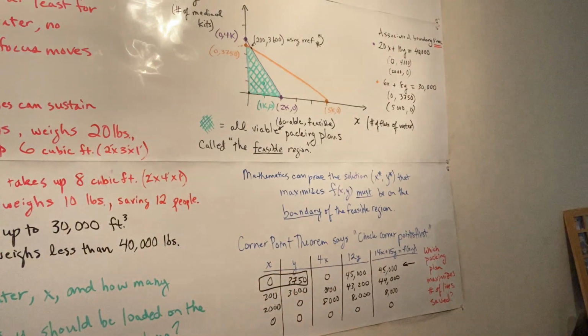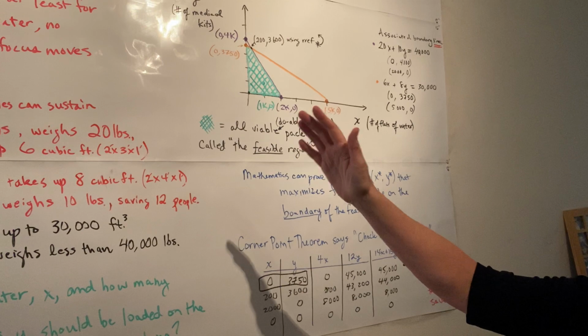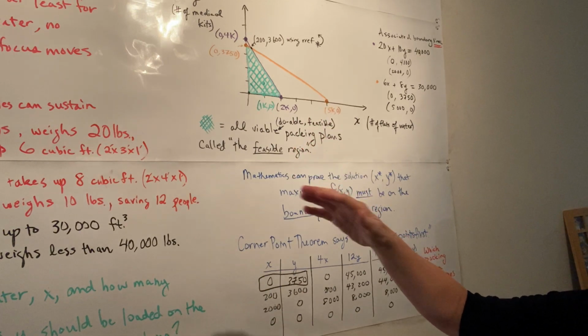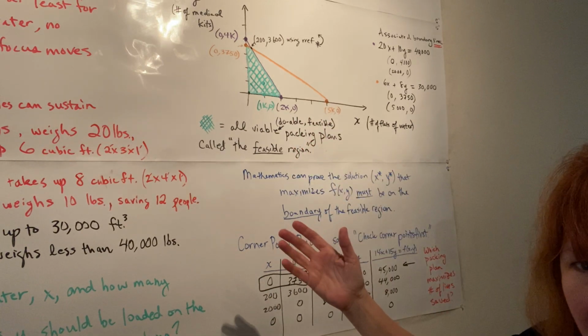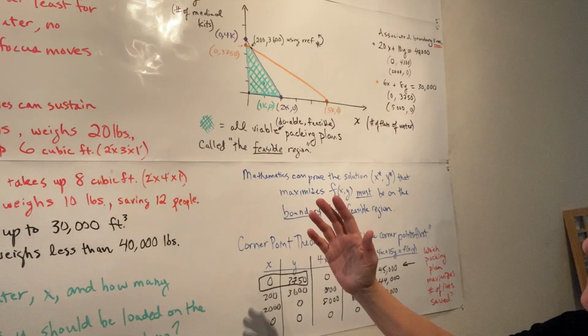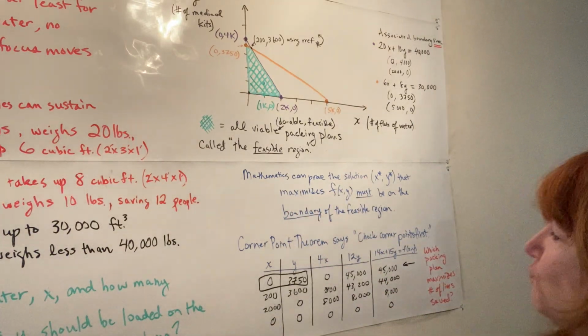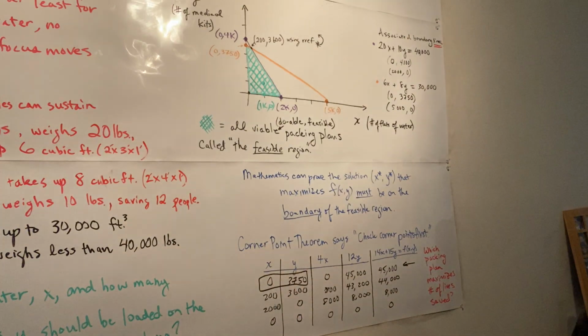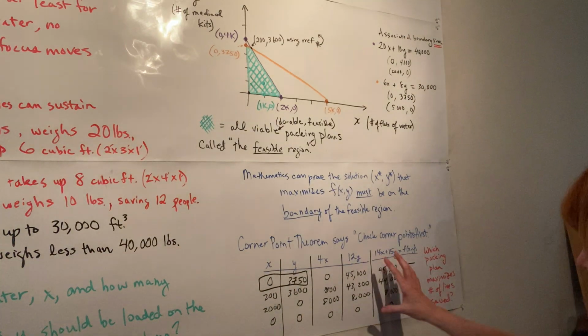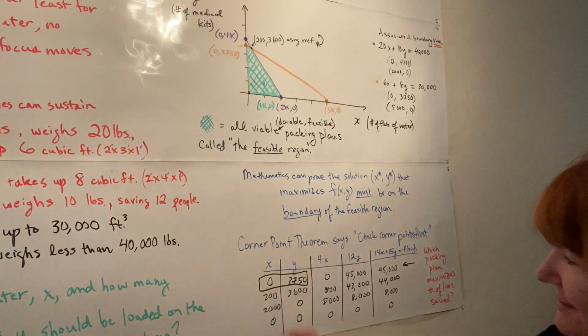Now imagine this. You're flying to a region that has no fresh water. People have been out of water for days. You show up with this huge cargo plane and there's no fresh water. Mathematically, the answer to the question is this is the best packing plan.